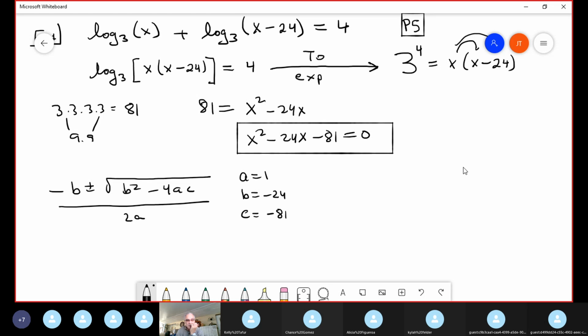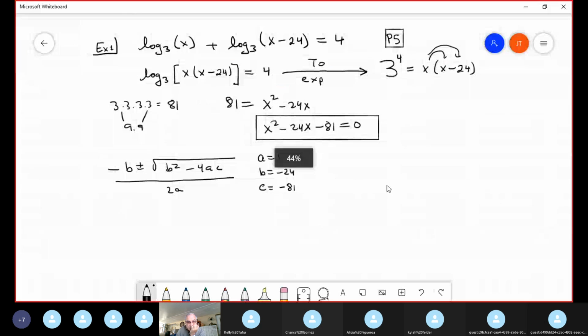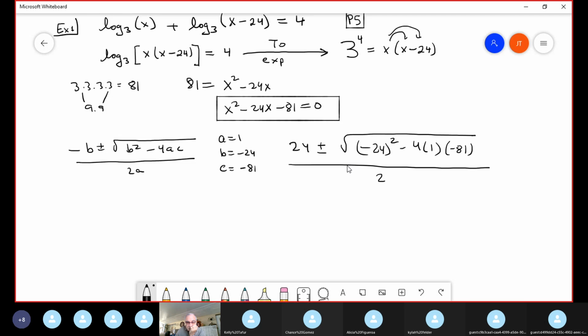Plugging into the formula, this is 24, because double minus becomes positive, plus or minus the square root of negative 24 squared minus 4 times 1 times c, negative 81, divided by 2 times 1.